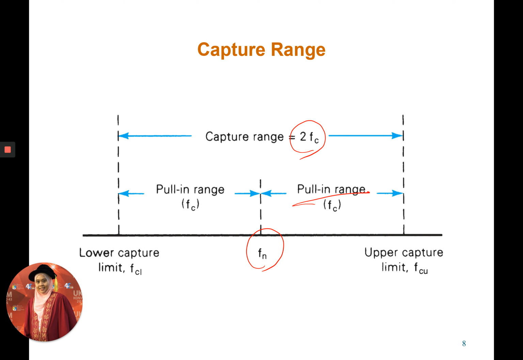So this will be the center of the capture range, and the range of the capture range will be twice the carrier frequency, with the VCO Fn at the center. And we can have it as an upper capture limit or a lower capture limit.